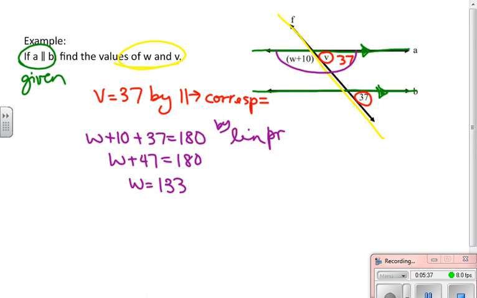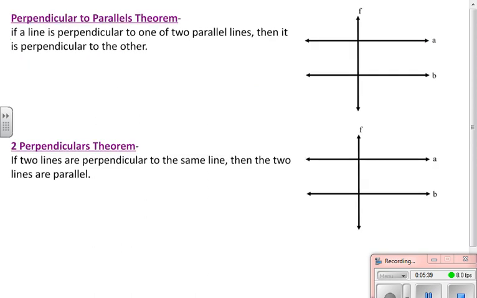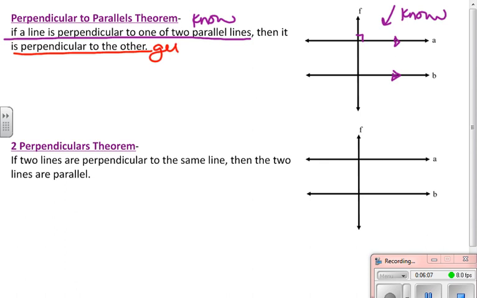Now there are two more quick theorems that are kind of useful in this section. It says if a line is perpendicular to one of two parallel lines, so this is what you know, this is your given, then you get that it is perpendicular to the other. This is what you get.